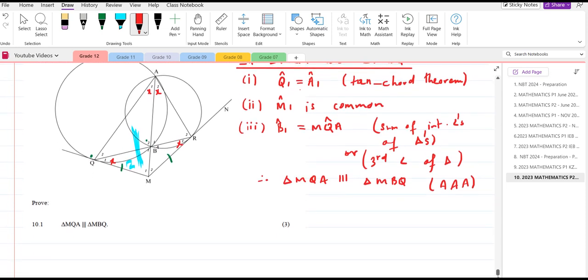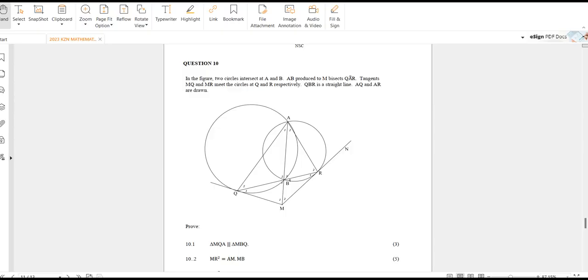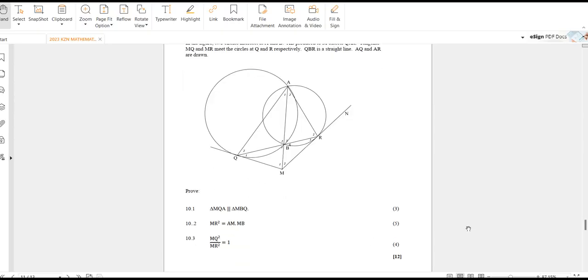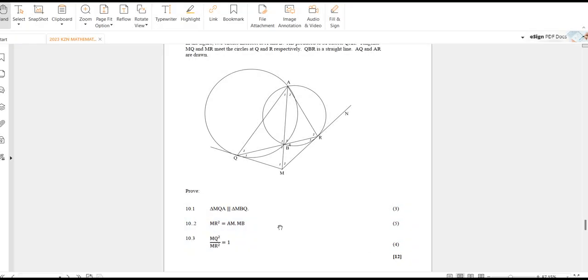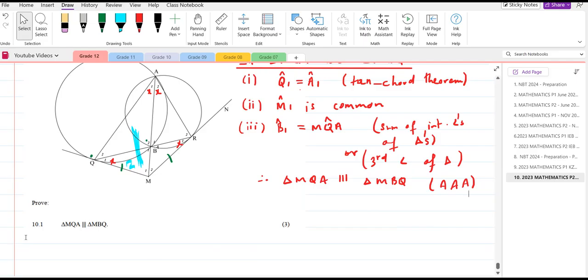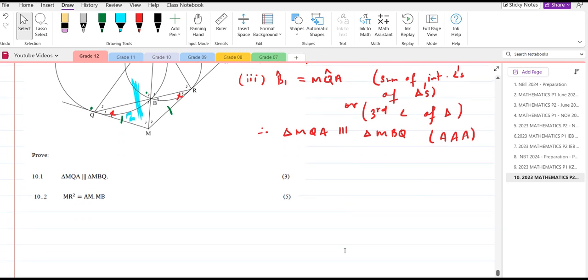Oh yeah, next one was using this information to prove that MR squared. That's basically 5 marks. So we've got to think a little bit here now. I don't think it'll be that simple. We want MR squared.